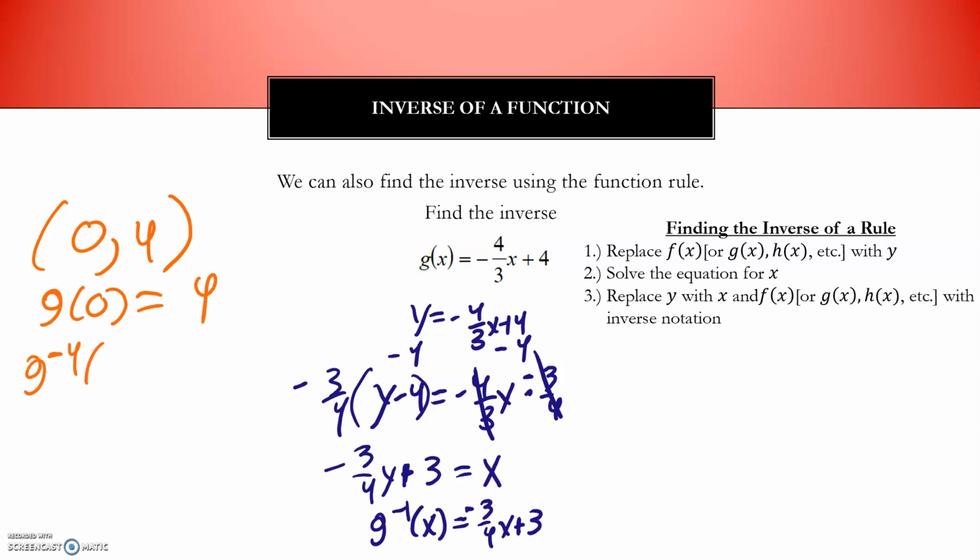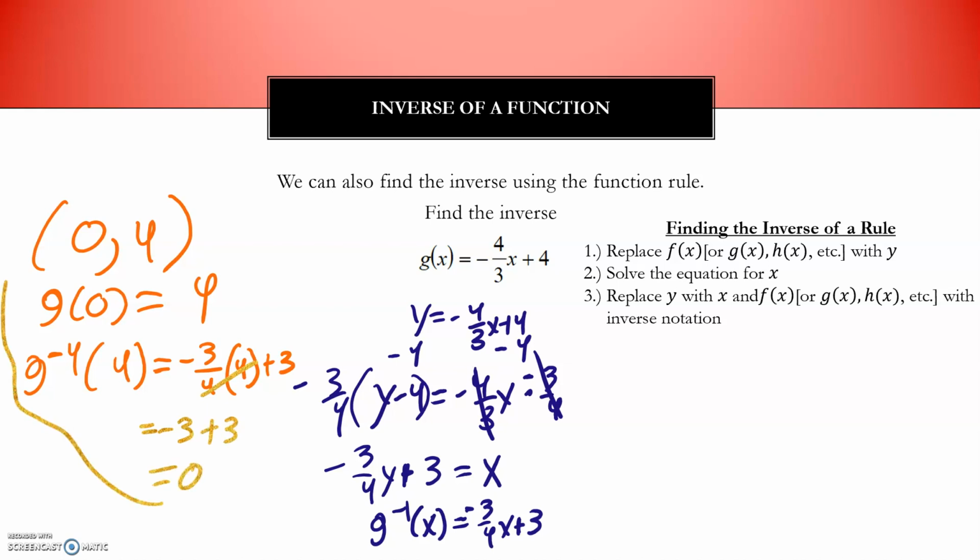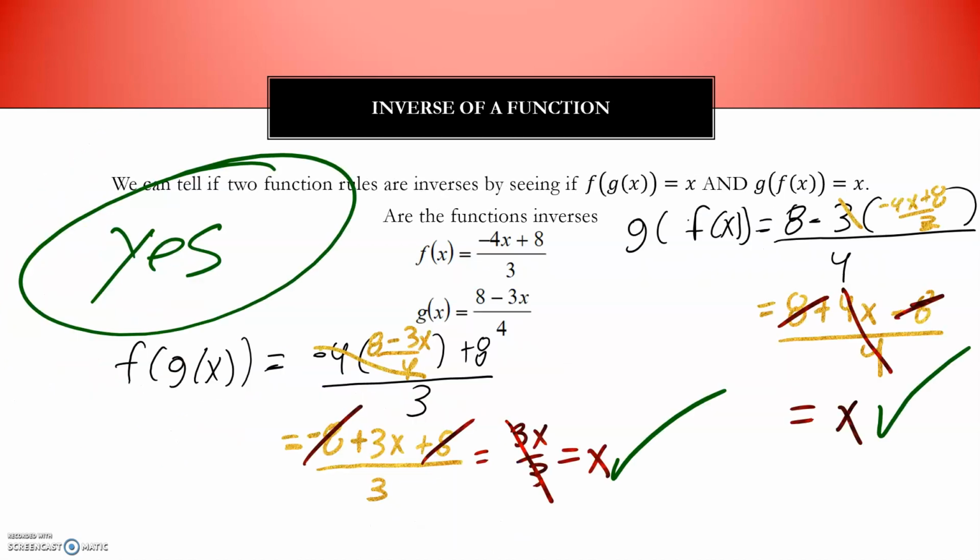If I were to find g inverse of 4, I'm going to take the rule that I wrote, negative 3/4 times what I have, 4 plus 3, and I simplified it, I would get negative 3 plus 3, which is 0, the original x.